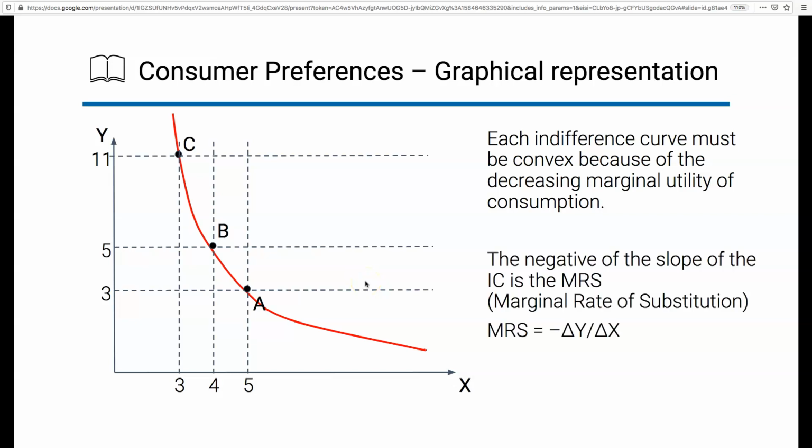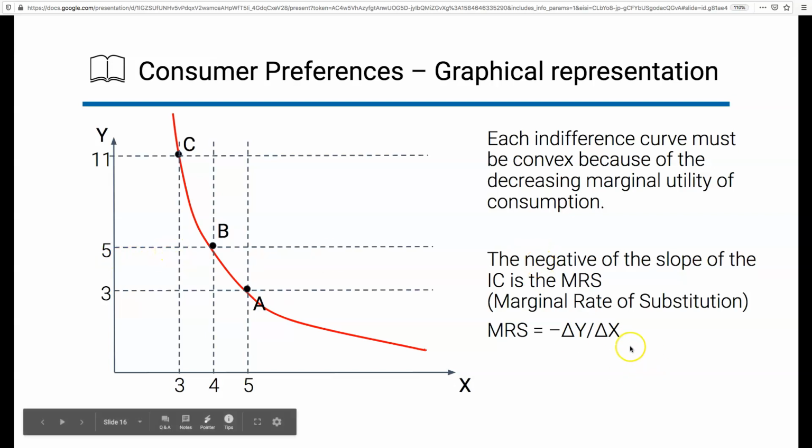You can also think of the slope of the indifference curve as the marginal rate of substitution. Of course, keeping in mind that it's negative. So formally, the negative of the slope of the indifference curve is the marginal rate of substitution. And you can calculate it by just using the regular rise over run equation.